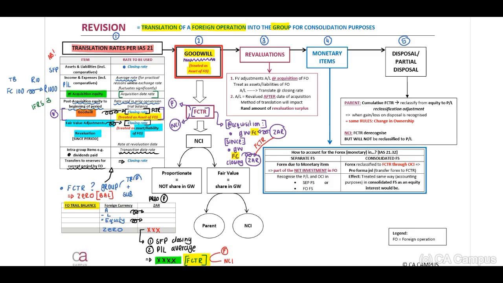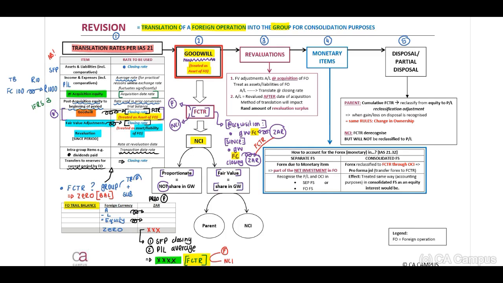When you think about your NCI accounting policies, our NCI can either be accounted for based on our proportionate share, and our NCI will not share in our goodwill, or based on our fair value, and then our NCI will share in our goodwill.